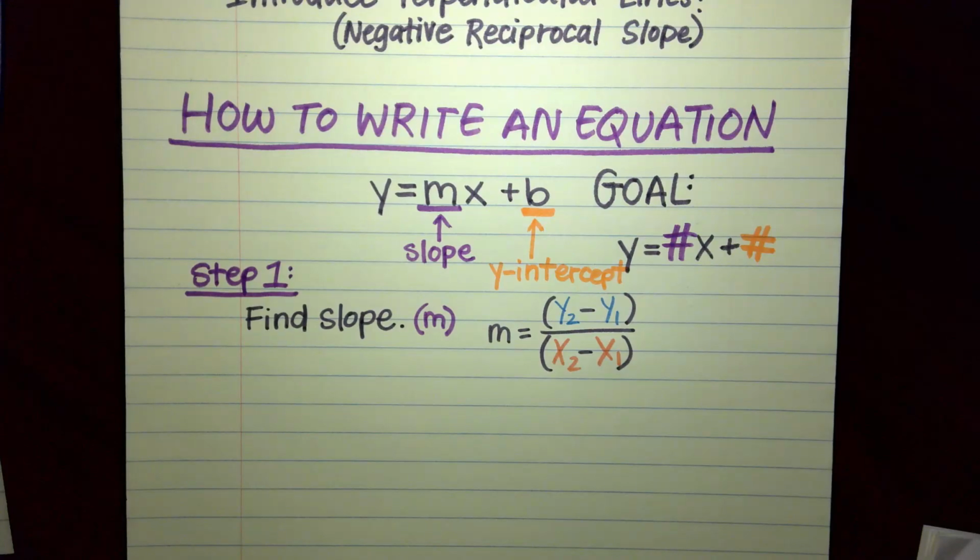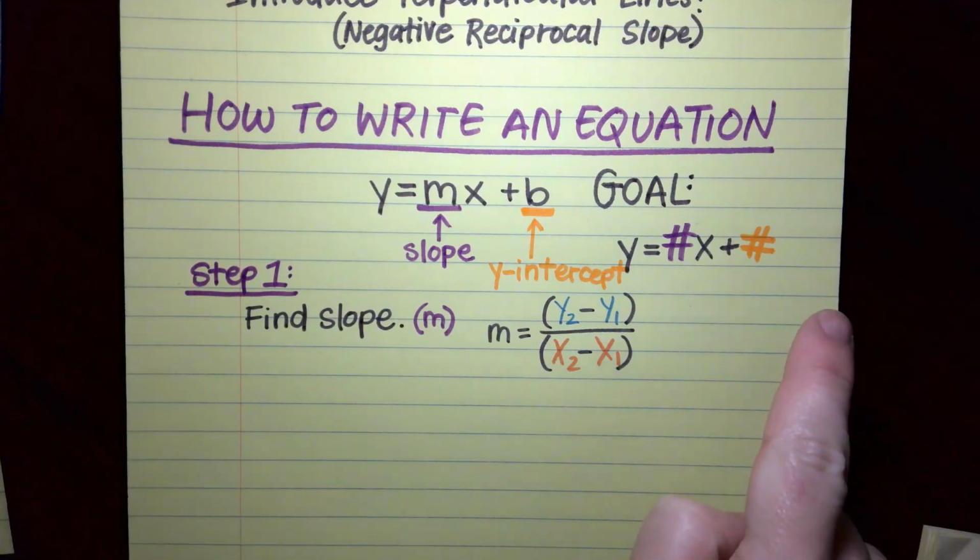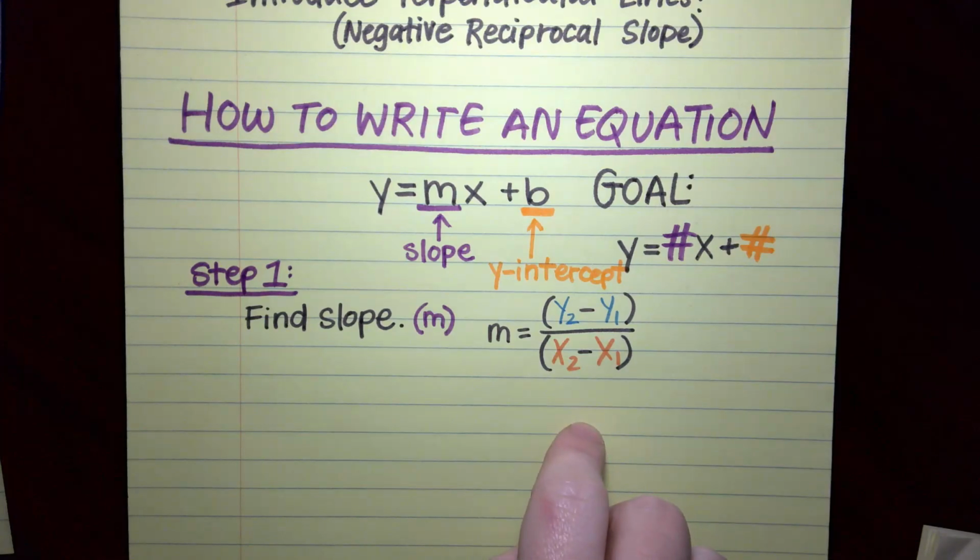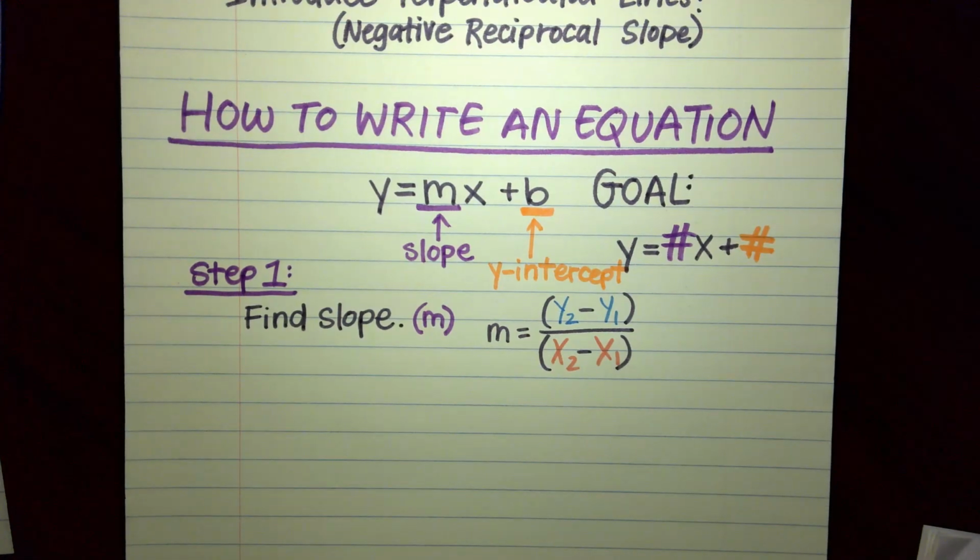Yeah, and whenever you have 2 coordinates, it doesn't actually matter which one you put first and second. It just matters that you're consistent with it. So if I want to do second coordinate minus the first on top, I got to do it on the bottom. If I want to do first minus second on top, then I got to do first minus second on the bottom too. It doesn't matter the order as long as you're consistent with it.